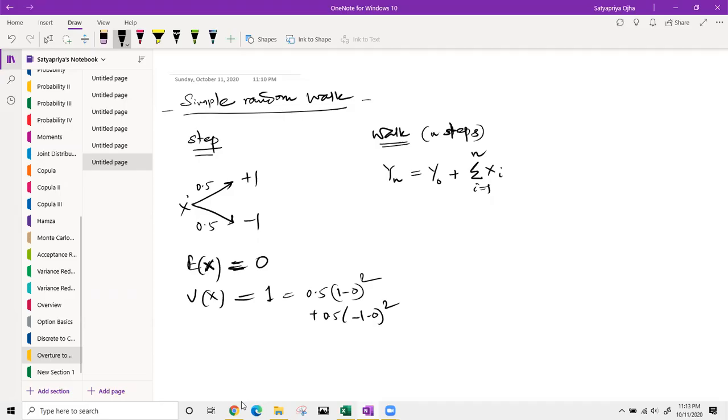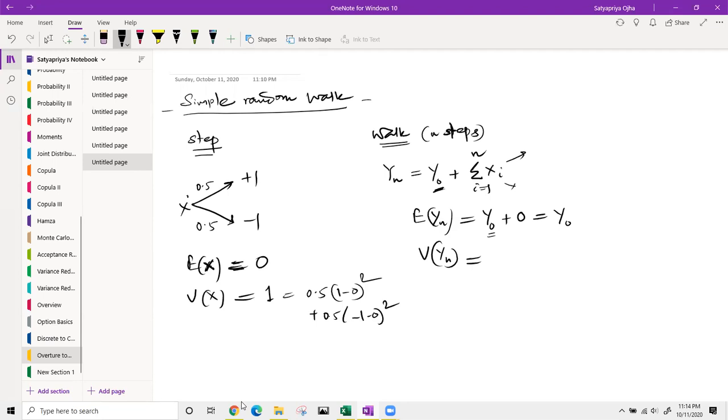All right. Okay, so what is my expectation of y after n steps, where I will be on average after n steps? y0 is a constant. This is where I started from. Expectation of yn is y0 plus, since the expectation of each step is 0, after n steps also it is as if I have not moved at all, because the expectation is 0. And the variance of y0 is 0.